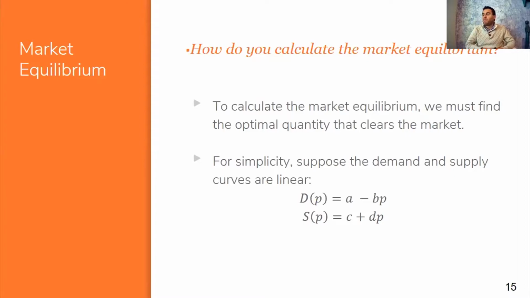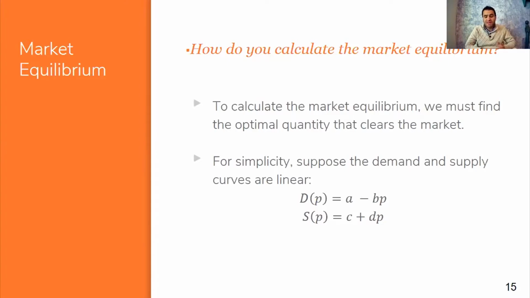But when we wanted to calculate the profits or the consumer surplus, we would need to use integral calculus to find the area beneath those curves. And the mathematical operations become much more complex to represent the same economic concept. So we're going to simplify the math and just focus on basic high school algebra.